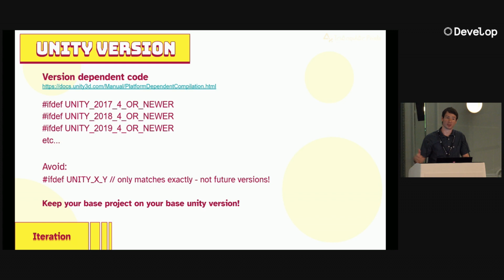And for us, I find it a lot more helpful to have the base project, the one that you're actively developing on, on the lowest version of Unity. This stops Unity from auto-updating anything, updating the serialized version of assets, and that kind of thing. And keep separate checkouts for your various versions so you can test them, but always develop on the lowest possible version. Those separate checkouts will come in handy when you actually get to deploying your assets.